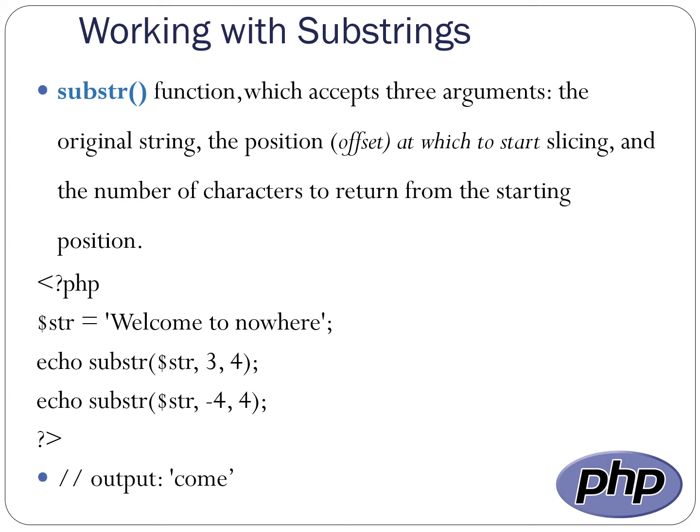So the output is COME. Here the index position starts from 0 onwards: 0, 1, 2, 3. So the third position is C. From C onwards 4 locations: C, 1, 2, 3, 4. So the output is come.